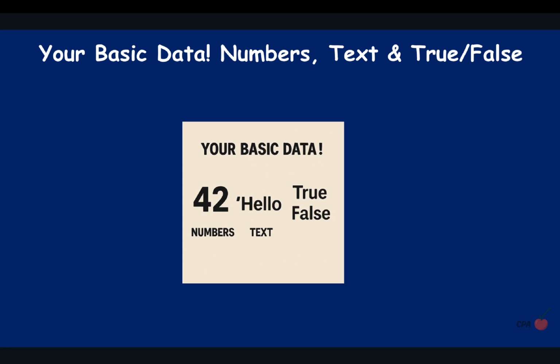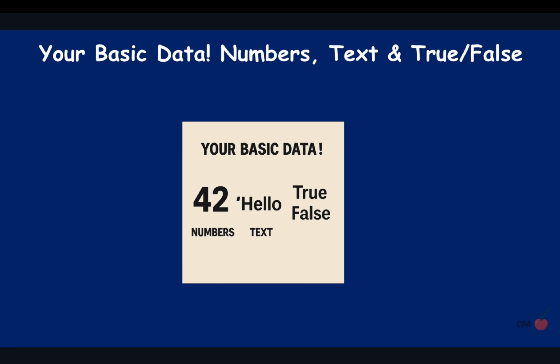Today we're exploring data types, the different kinds of information Python can work with, or different kinds of information that variables can have as a value. Just like you have different containers for different things, a bottle for water, a box for cereal, a wallet for money, Python has different types for different kinds of information: text, numbers, true or false values.